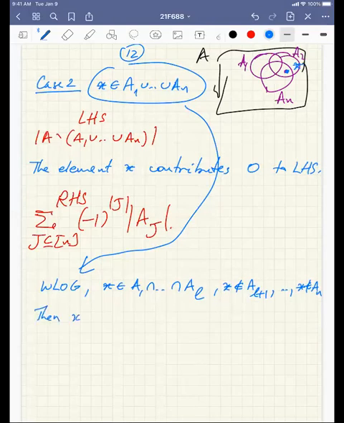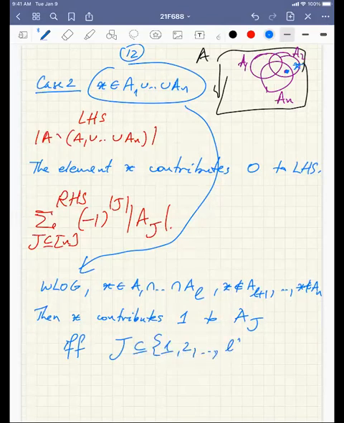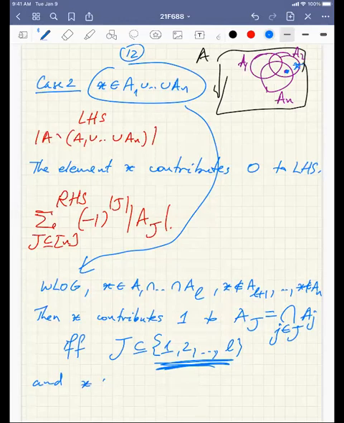Then x contributes 1 to a set AJ, contributes 1 means it is counted, if and only if the set J is a subset of these indices 1 to L. Because AJ is the intersection of Ai over i in J. So X appears in such intersection if and only if the set of indices is a subset of 1 to L. And X contributes 0 otherwise.